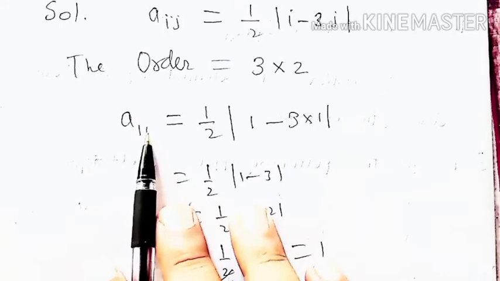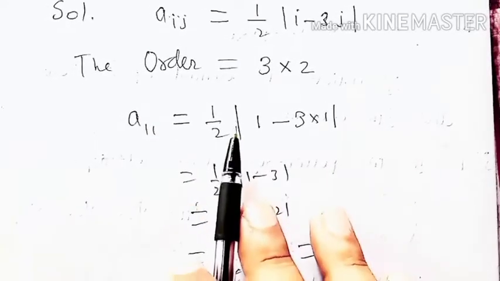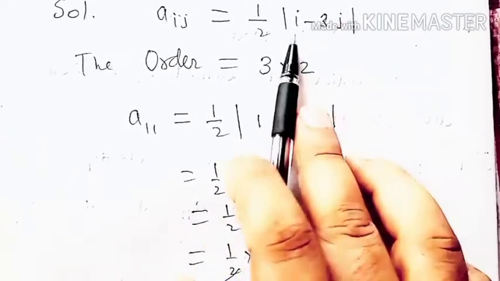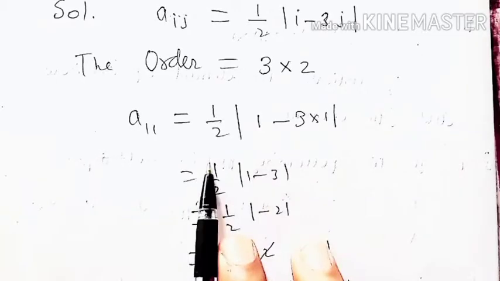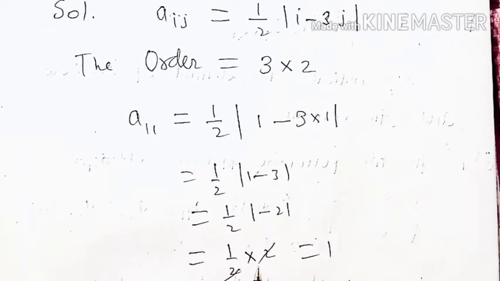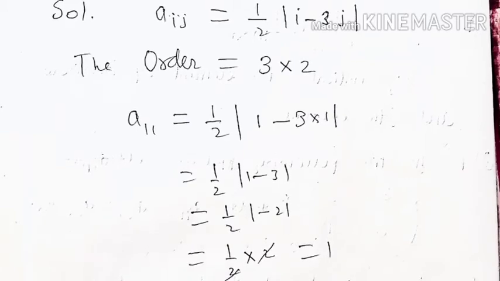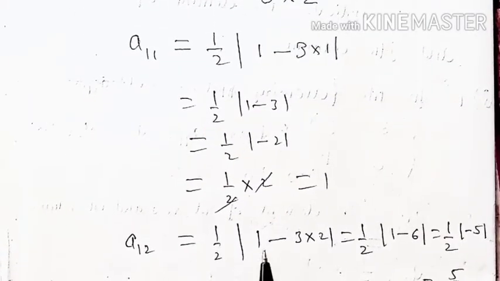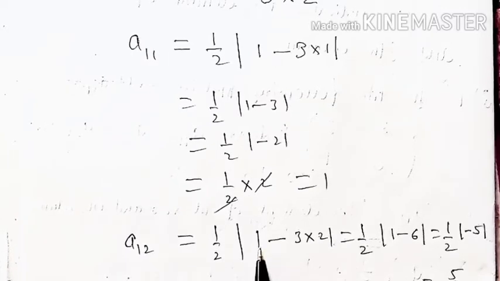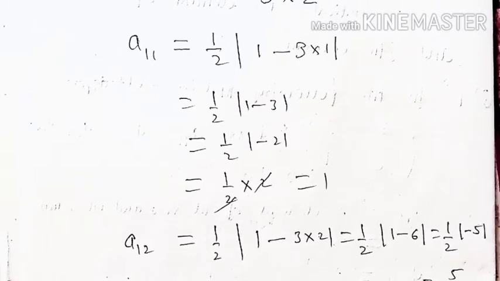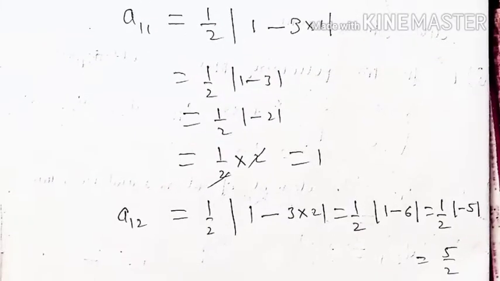We put 1 for i and 1 for j. So we have 1 minus 3 into 1 here. After calculation, we have mod of minus 2, this gives us 2, and we have 1 here. Likewise you can find A12. For this we have to put 1 for i and 2 for j. Then after simplification we have 5 by 2.